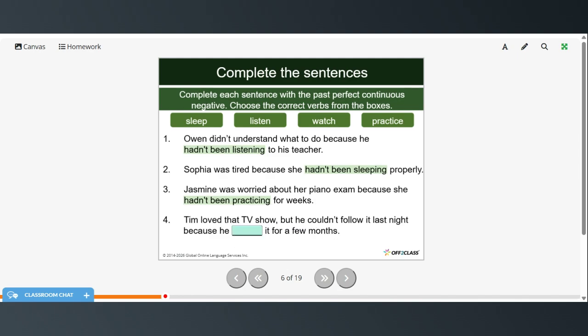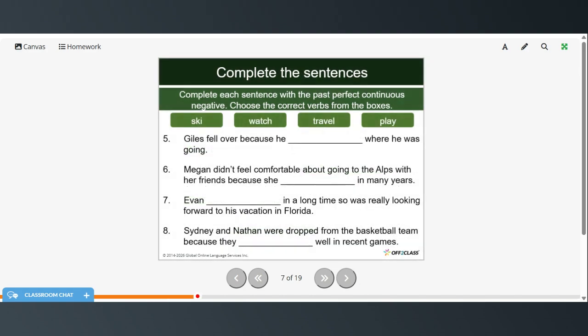Tim loved that TV show, but he couldn't follow it last night because he hadn't been watching it for a few months. Giles fell over because he hadn't been watching where he was going.